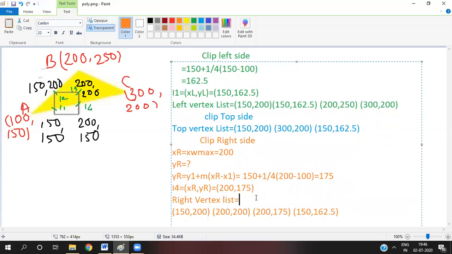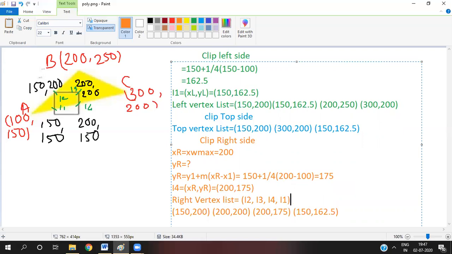The vertex list will be I2, comma I3, comma I4, and one more is there, I1.